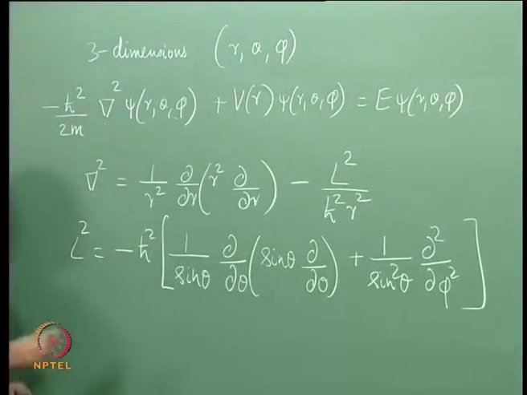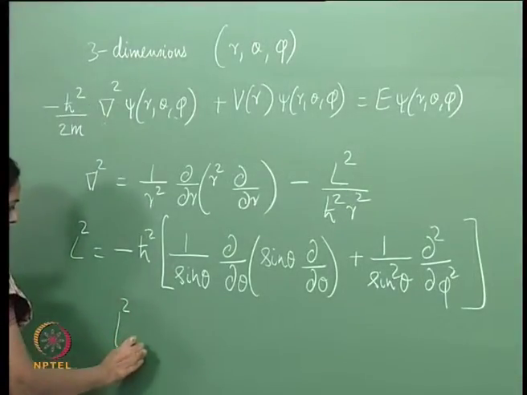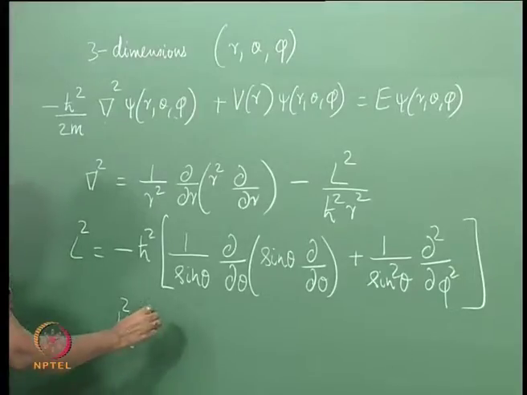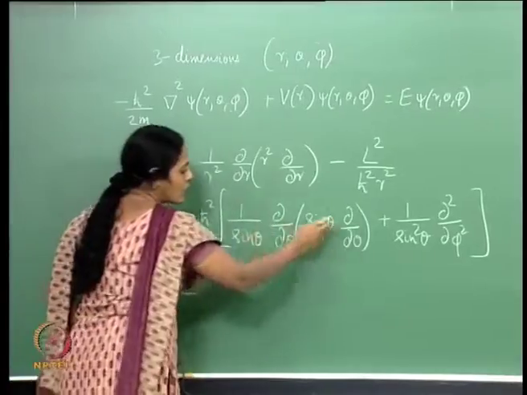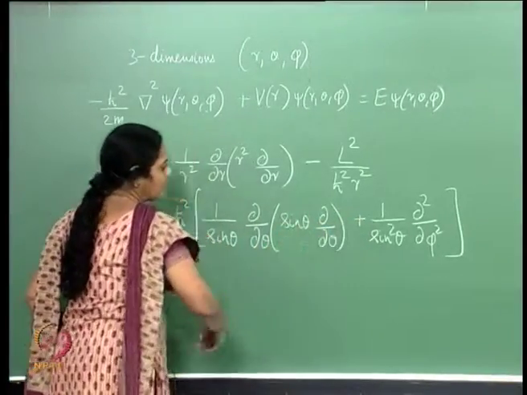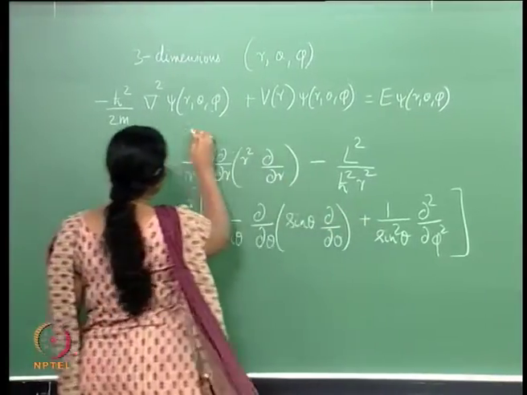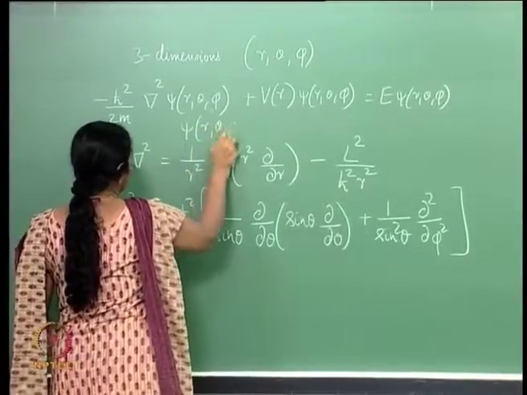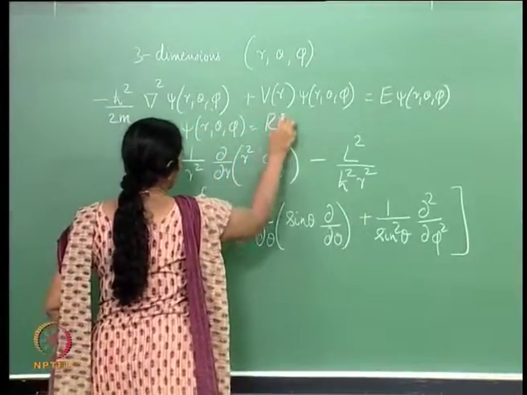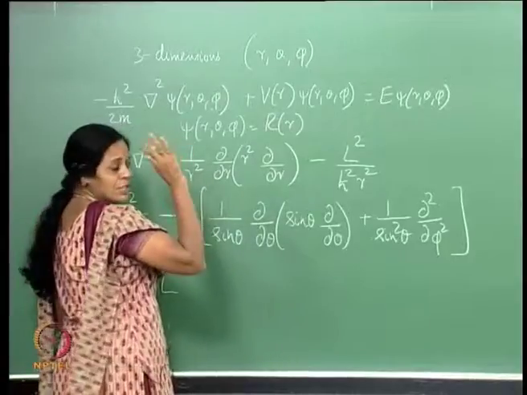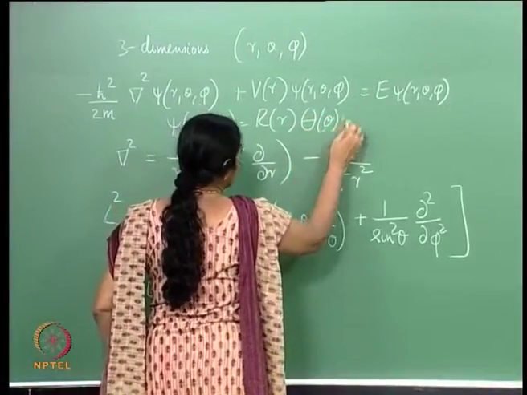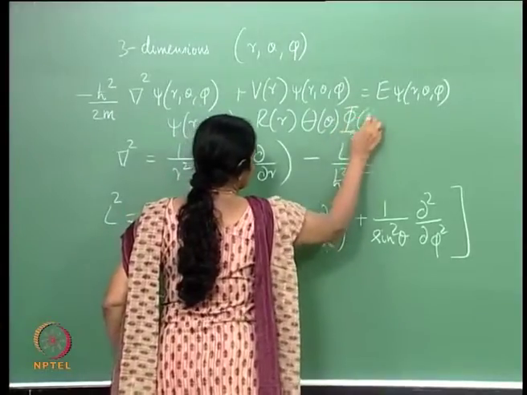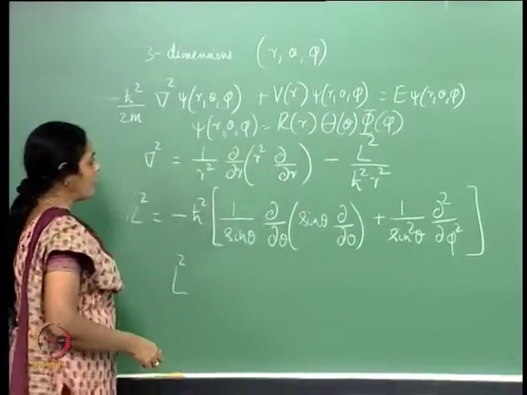So, we decided to first look at L squared action on psi, but since L squared only has dependence on theta and phi, I would like to write psi as R of r, some function of theta phi, and that was further reduced to this form.